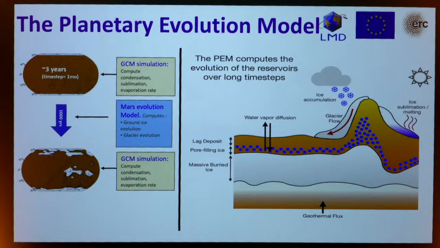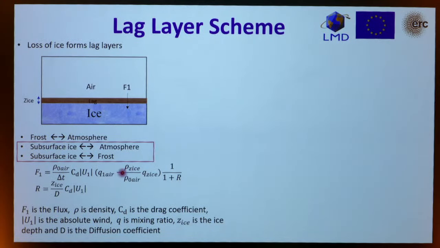So we got the flux, which is a function of the density, the pressure, the drag coefficient, the wind, the amount of humidity in the first layer of the atmosphere, and the saturation vapor density around the ice, which is given by the classical Clausius-Clapeyron. And it's 1 over 1 plus R. We call this R the resistance.